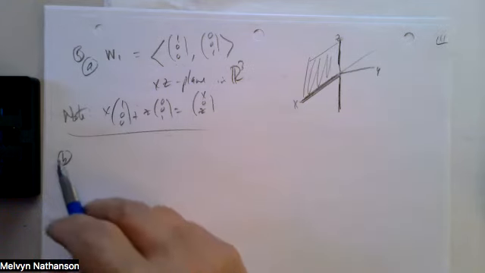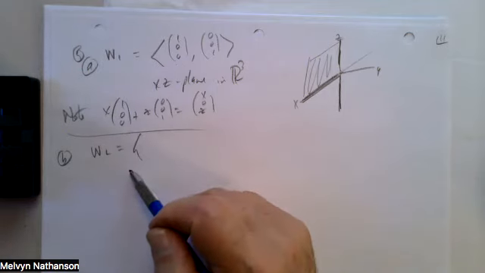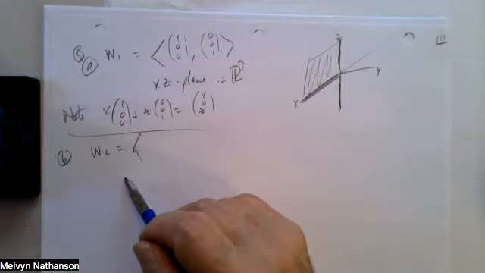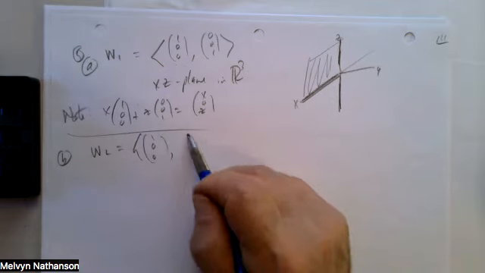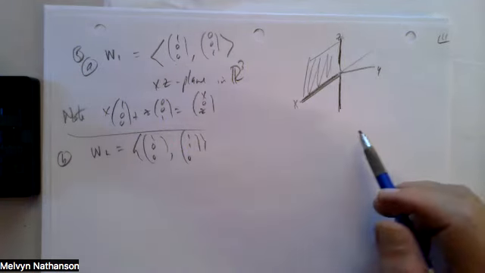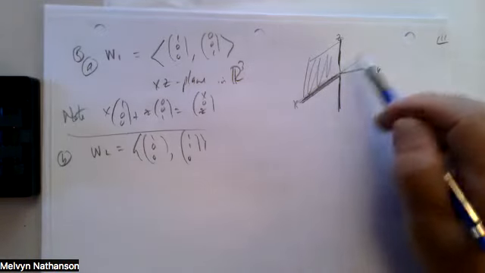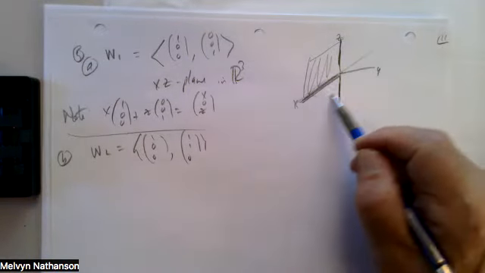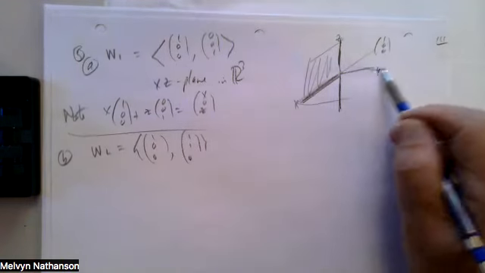In part B, we have a different set of vectors in R3. It's the set of vectors 1, 0, 0 and 1, 1, 0. What are those vectors? So the x-axis is generated by 1, 0, 0.